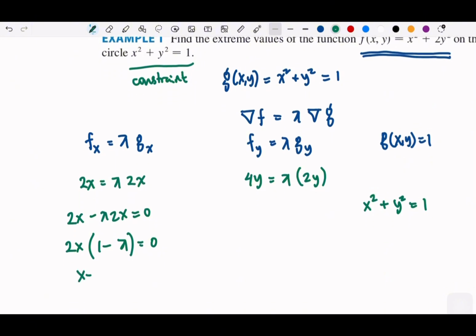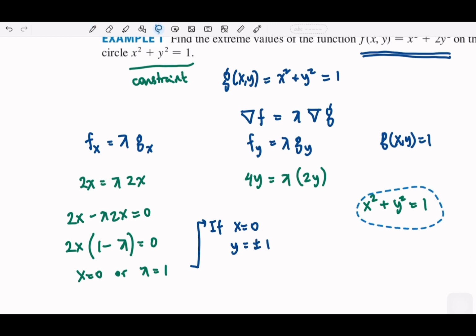So this can be x is 0 or lambda is 1 to make this happen. And all possibilities we need to check. So we can check if x is 0, it gives you y is plus or minus 1 from the restriction from here, right?